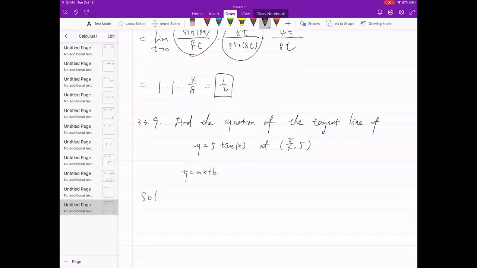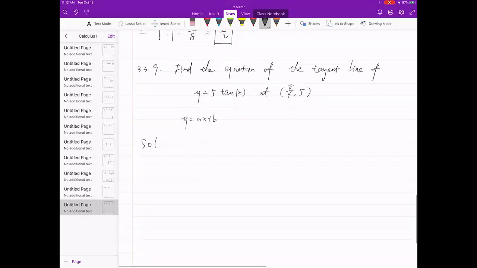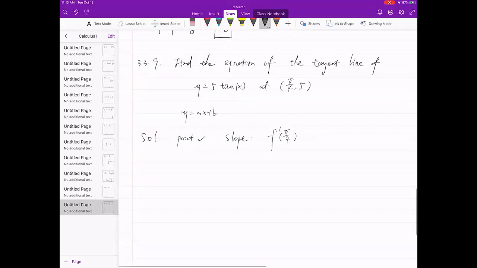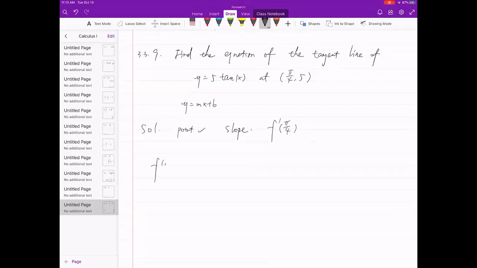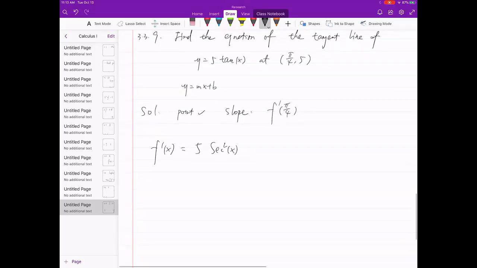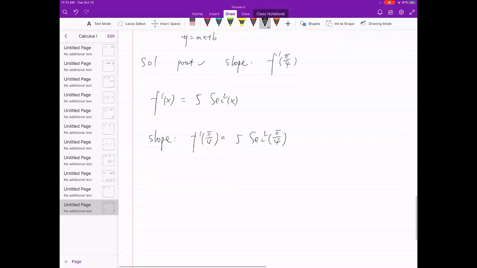You first write down a line and then change it to it. Okay, so now this is what you have. You want to find a point for a line, which you already have. Check. You just need a slope, and you know it's going to be f prime at pi over 4. With that in mind, let's just do the f prime of x. That's it. Then you just need to plug in pi over 4. Okay.